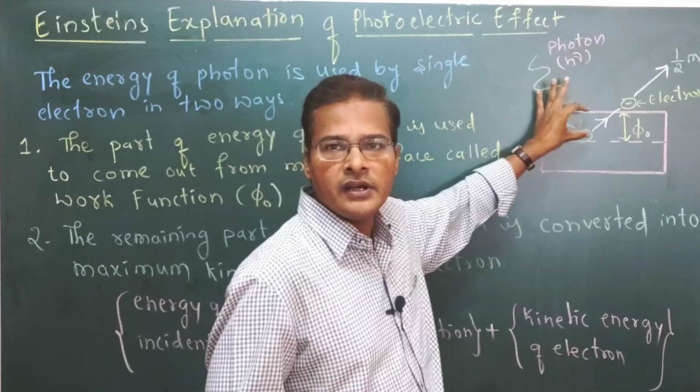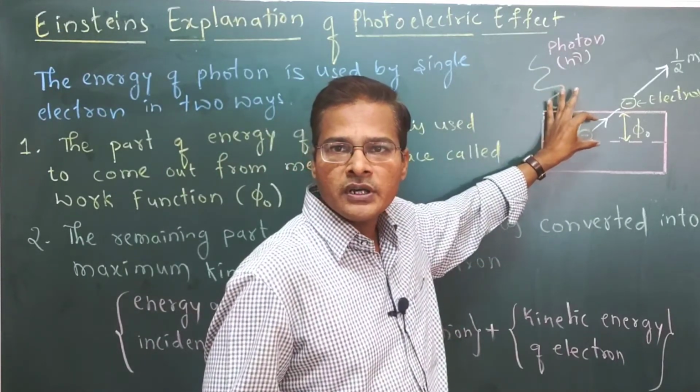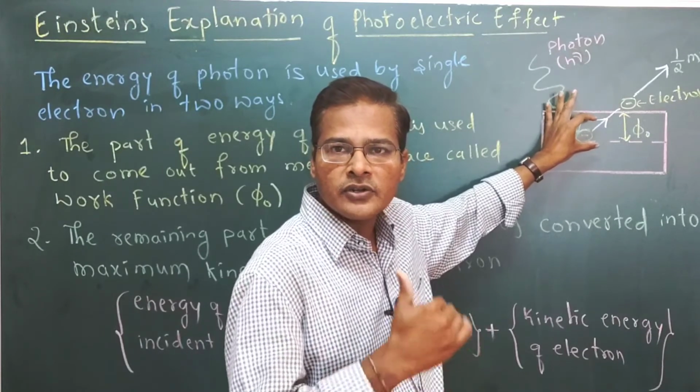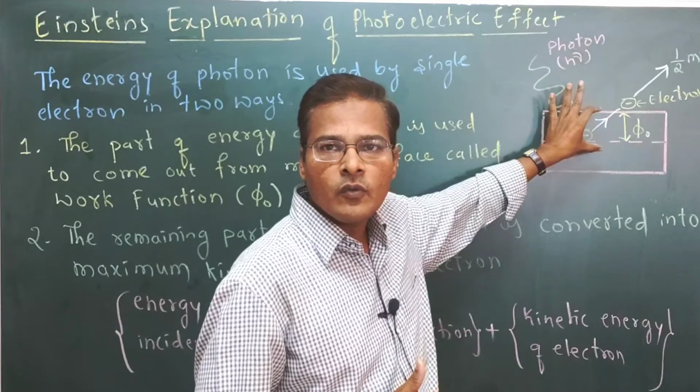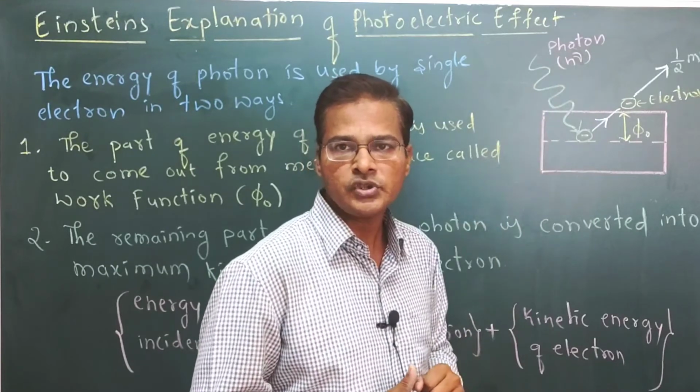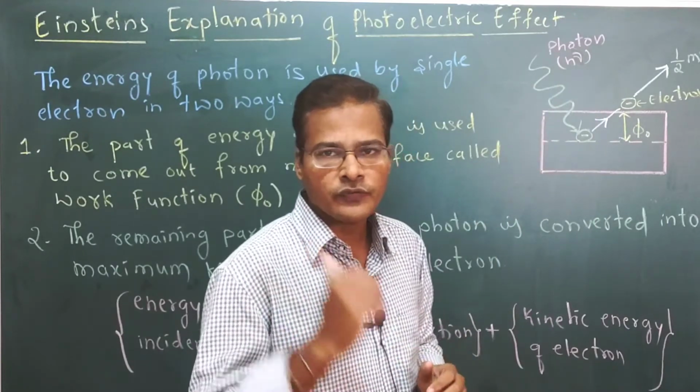Some amount of energy is used for the electron to come out from the metal surface, and that we call the work function.